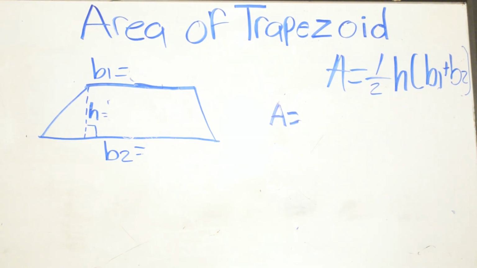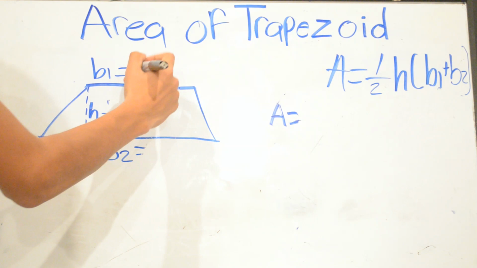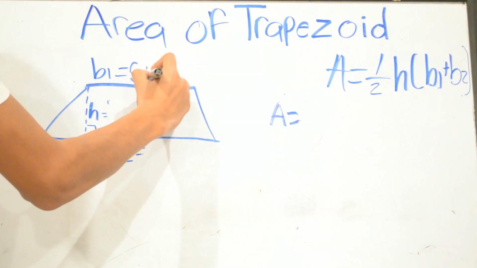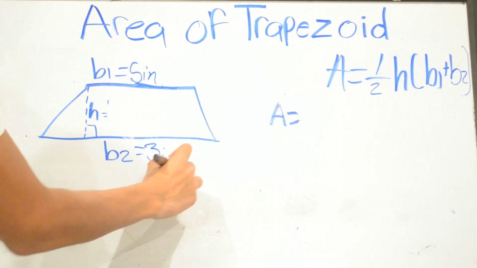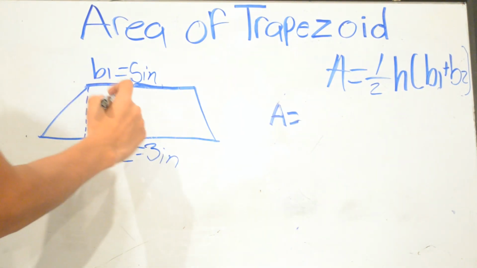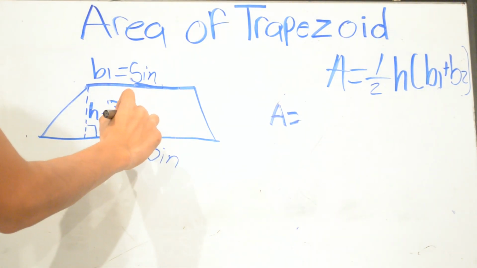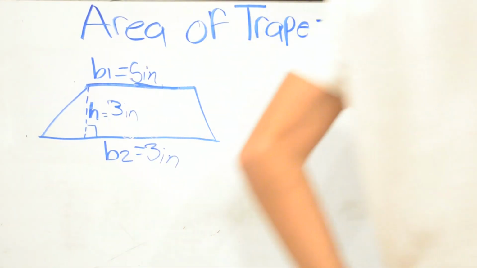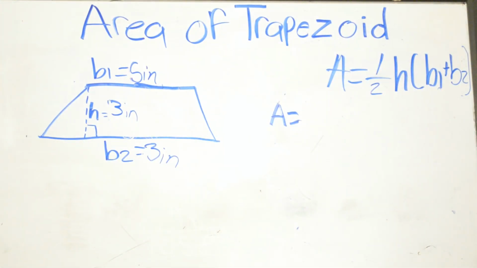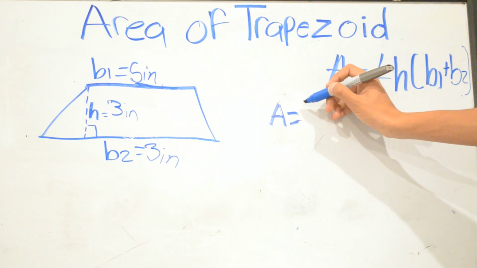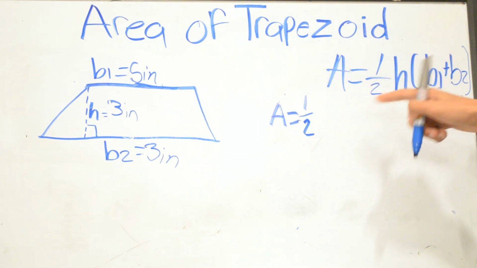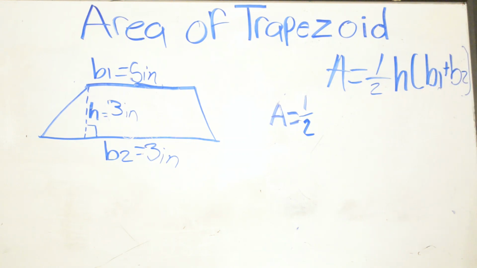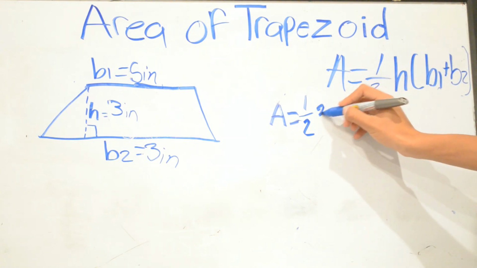Another example for the area of a trapezoid, our base 1 is going to be 5 inches and our base 2 is going to be 3 inches and our height is going to be 3 inches. Here we rewrite it as 1/2 and we plug in our numbers. So our height is 3 inches.